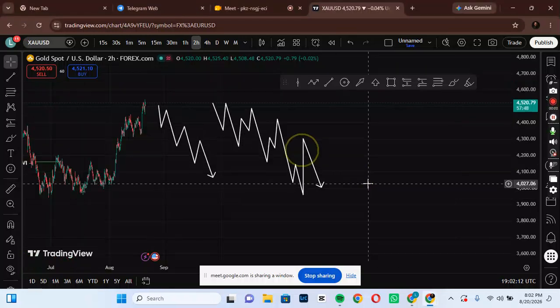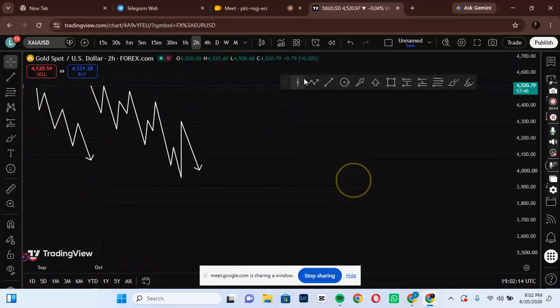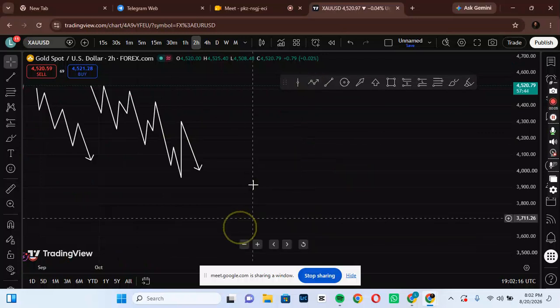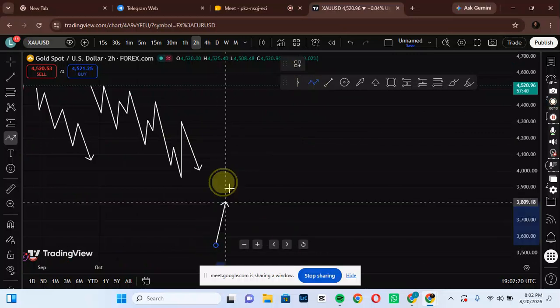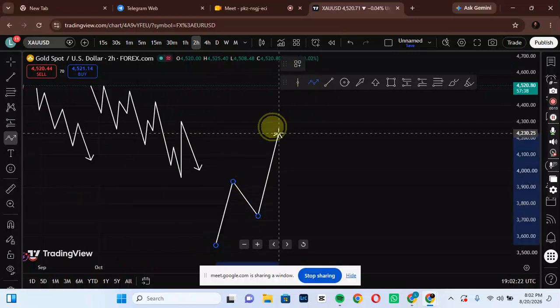Where we have money and all that. So now let's say we have a trend like this.